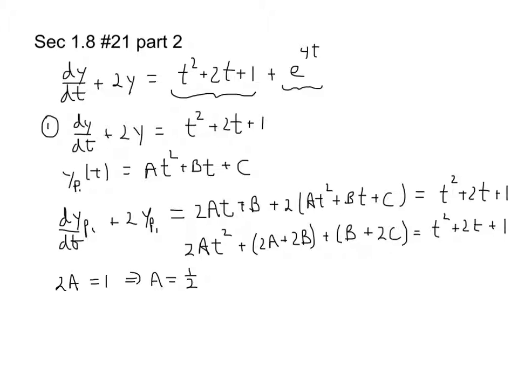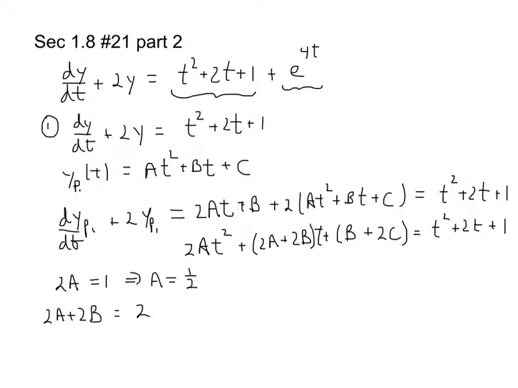The second equation says that the coefficient of the t term, 2a plus 2b, has to be a 2. Oh, I just realized that I left out the t here.